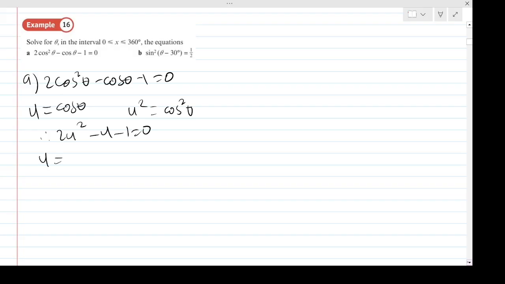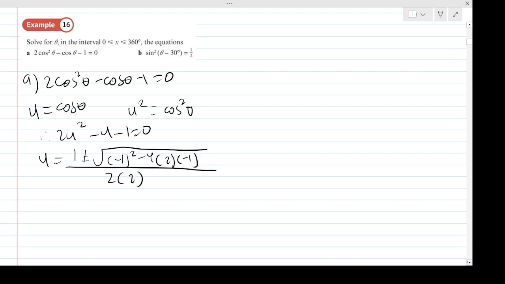So then u would be 1 plus or minus the square root of minus 1 squared minus 4 lots of 2 lots of minus 1, over 2 lots of 2. And that would be, if we put that in the calculator, u would be 1, or u would be minus a half.